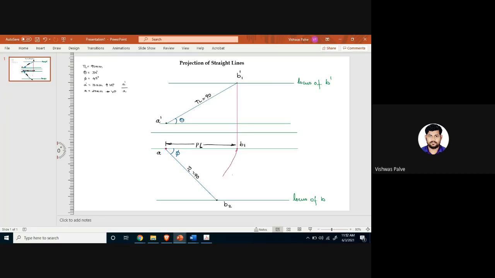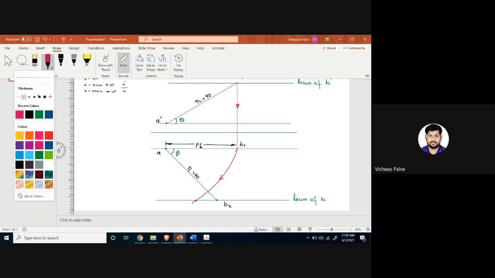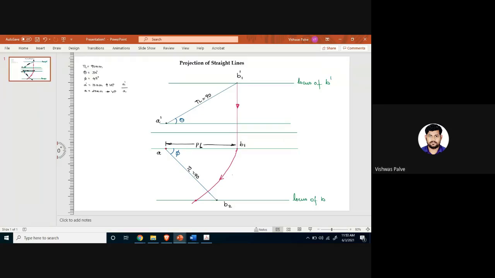When you rotate this, it will intersect somewhere with the locus of B. That's why I have drawn this locus. I'll draw this symbol so it will be easier for you to trace the point. Once you rotate this, you will get a new point, which will be named as point B.